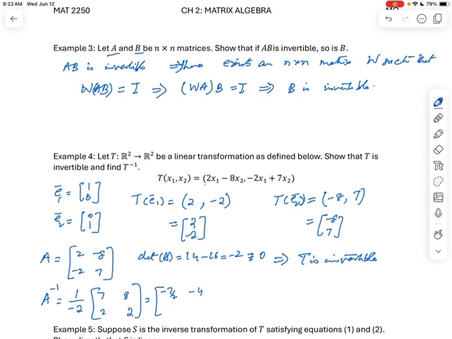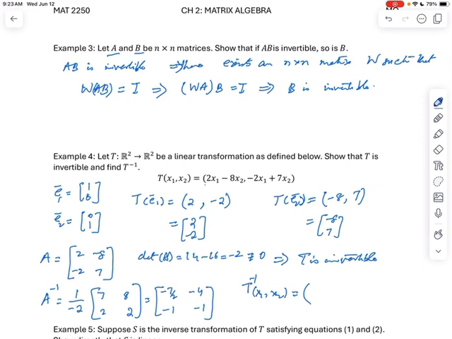So this is A inverse, so that your T inverse will be: the T inverse of x1 comma x2 is equal to, in parentheses, and remember we are going to read it from top to bottom.